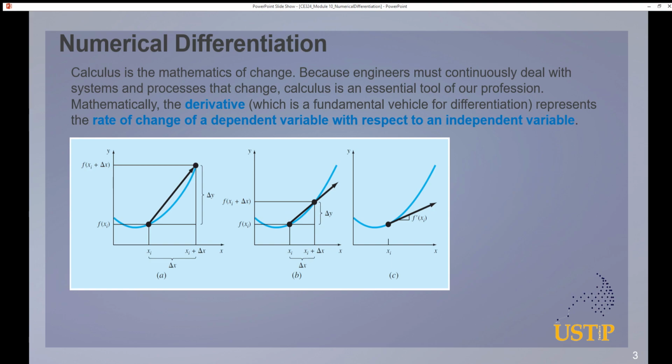I don't know if you can see my cursor, but this point at xi, f(xi), is the point we referred to in figure C. Then there is a second point, which is where the tangent line comes in.